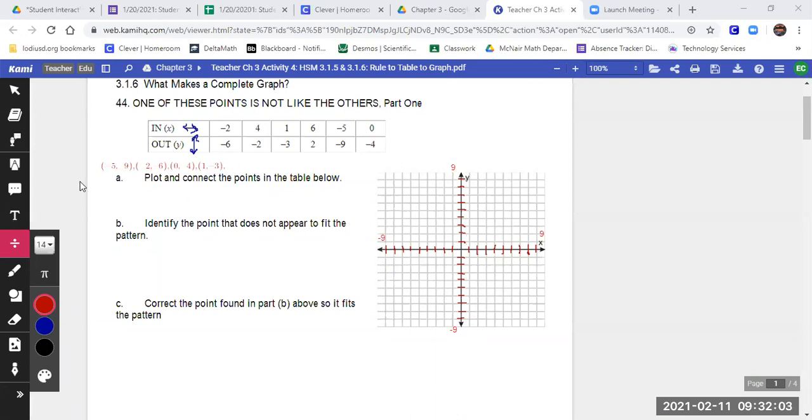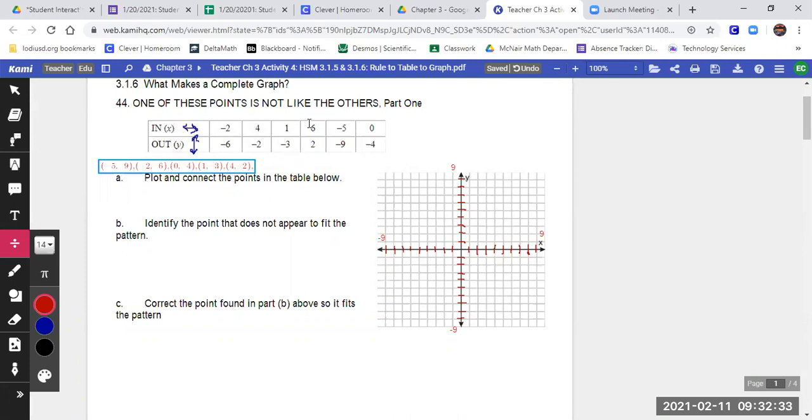Okay. So 4, -2. After 4, what comes next? What's the next highest? We're going least to greatest for our x's. 6, -6? I don't think so. 6, 2.